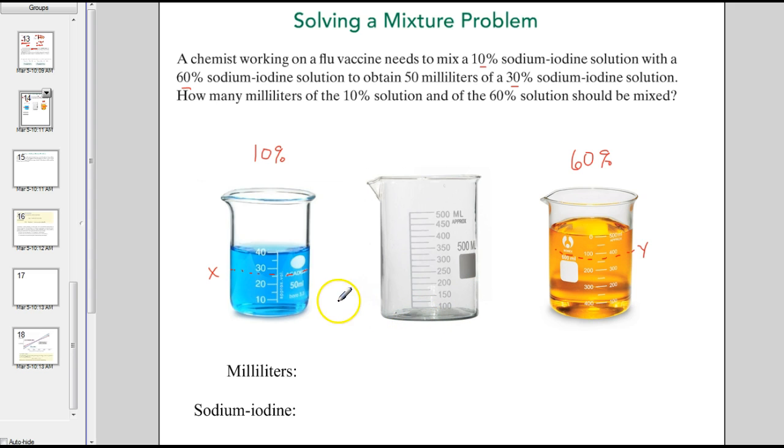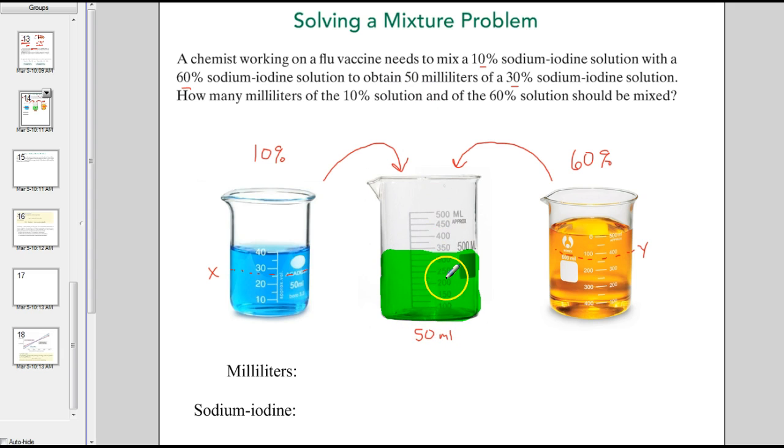Then I'm going to pour this X amount into here, and I'm going to pour this Y amount into here, and together these two things come together and form a mixture. And that mixture, it says, needs to be 50 milliliters.